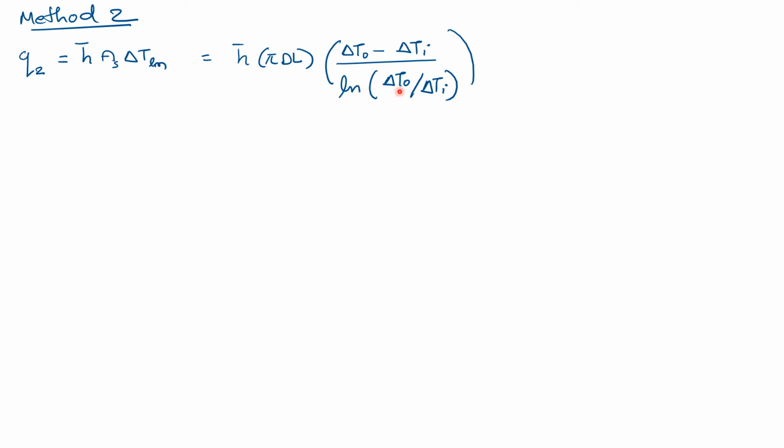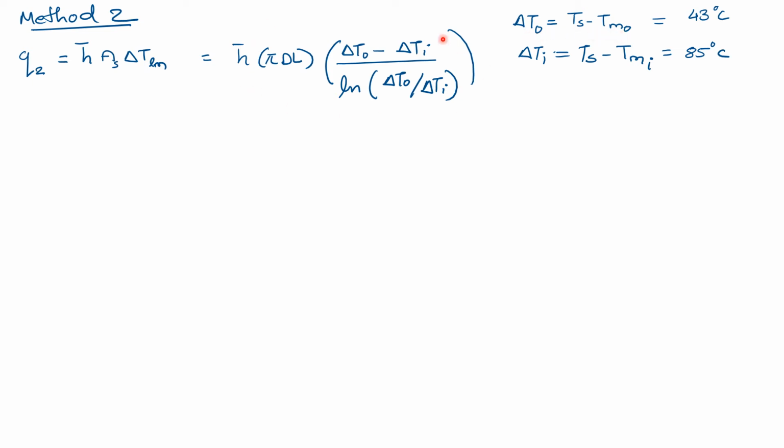And the formula for the logarithmic mean temperature difference is delta To, that's the temperature difference at inlet, minus the temperature difference at outlet, divided by the natural log of the two temperature differences at outlet and inlet. So substituting the values, we have delta To as Ts minus Tmo.